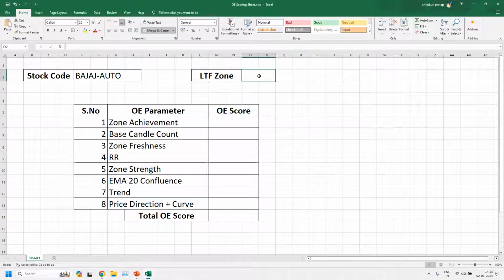Which zone, LTF zone, are you doing these calculations for? To which supply zone are you finding? We are finding for the supply zone, the 75 minute supply zone. So your LTF zone is the 75 min supply zone.